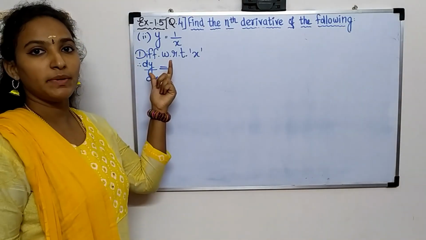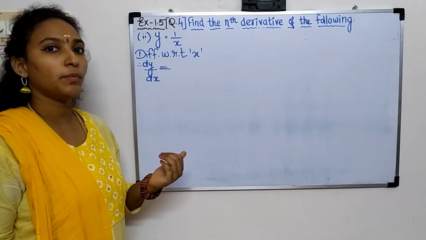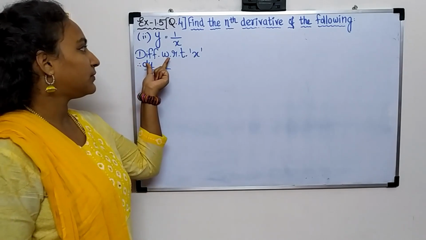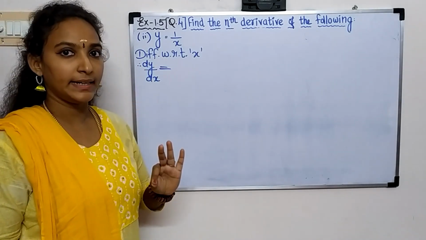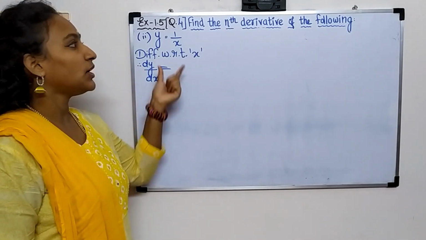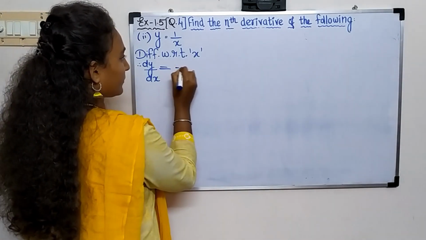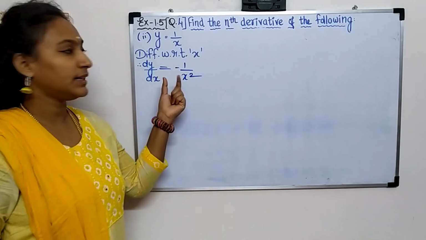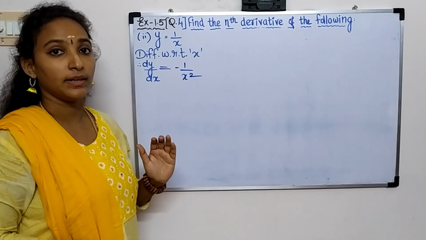Now see your question number 2. Y equal to 1 upon x. Henceforth the problems we will be solving are quite easy. First, differentiate with respect to x. We are going to differentiate 3 times, then find our nth derivative. So the derivative of 1 by x will be minus 1 upon x square. We know that the derivative of 1 by x is minus 1 upon x square.